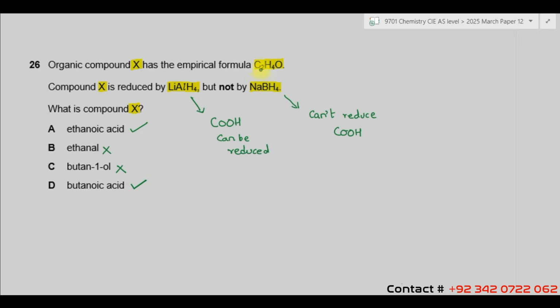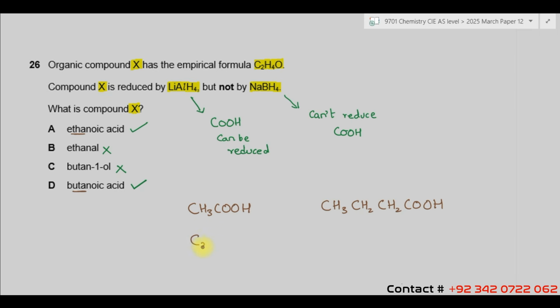We can look at the empirical formula and molecular formula of ethanoic and butanoic acid. So ethanoic acid is CH3COOH. We have 2 carbons. Butanoic acid is CH3CH2CH2COOH. So we have 4 carbon atoms. Butane is for 4. Ethane is for 2.